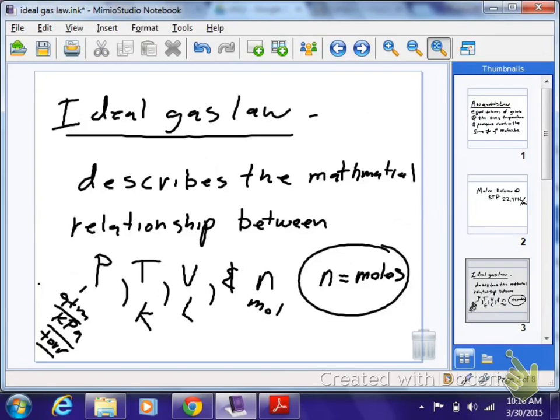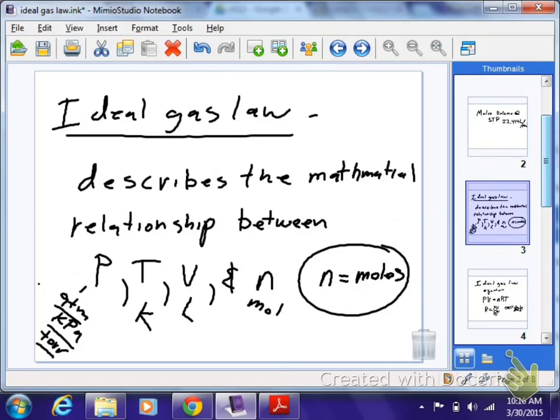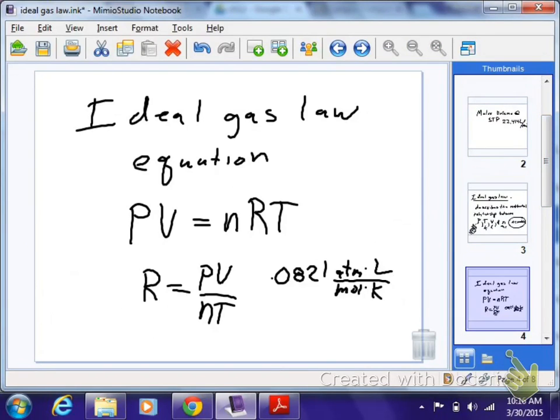So this is what I'm going to have you do: the whole class is going to solve for R. I'm going to erase this answer here, or scribble through it. This is the ideal gas law equation.